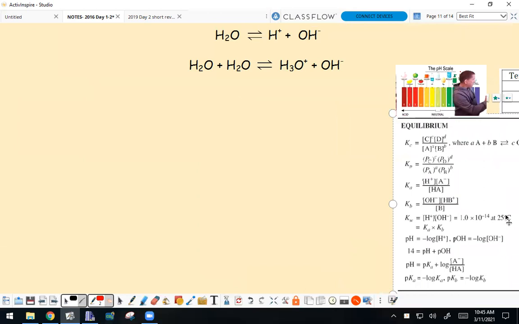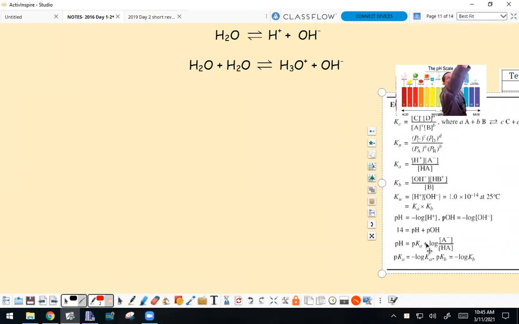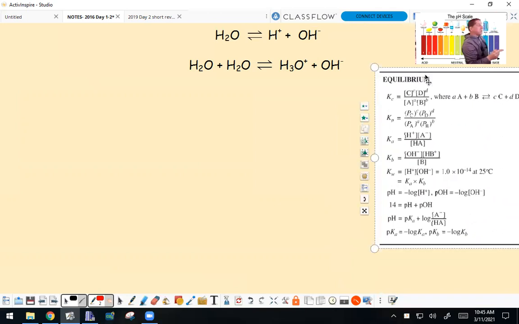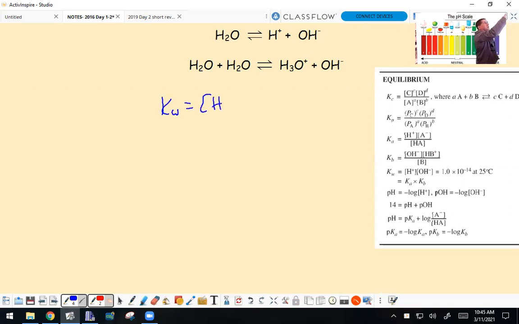So have an equation sheet in front of you, or print this, whatever you have to do. Okay, so let me show you how we get our equations that are here, because there's a few on here that you need that aren't on here. All right, so I'm going to skip ahead a little bit. So we've already done the ICE chart, and we have the Kw, H3O plus and OH minus.